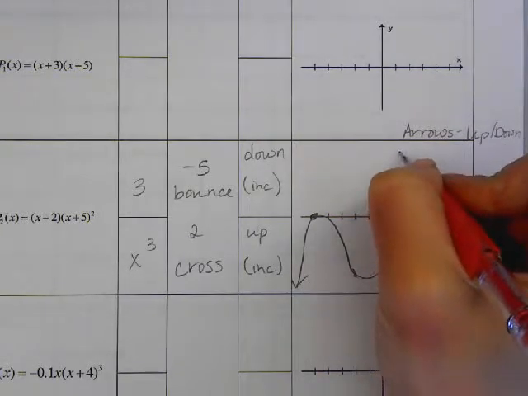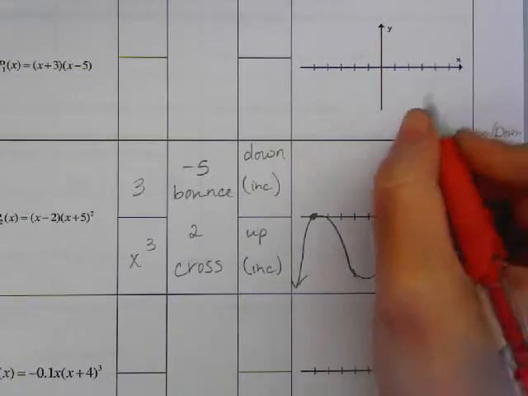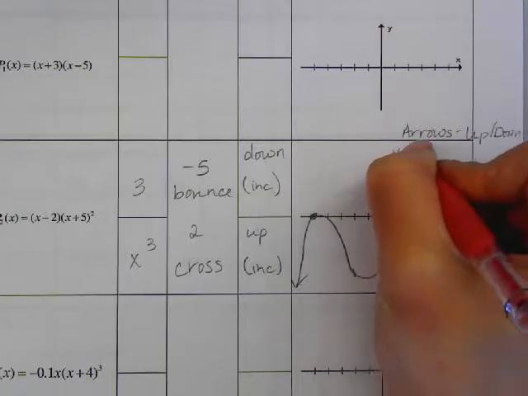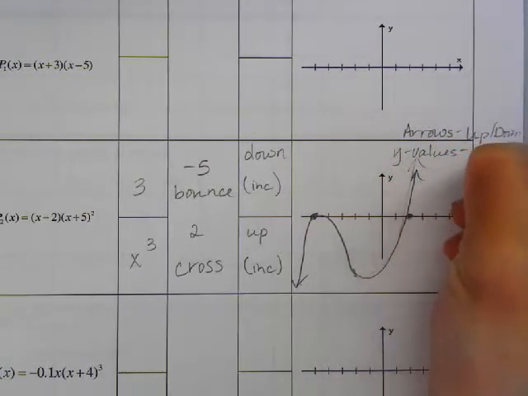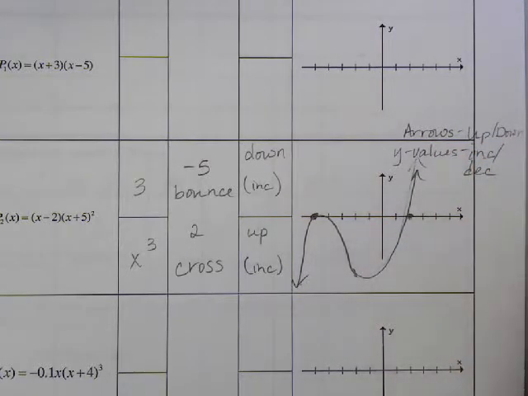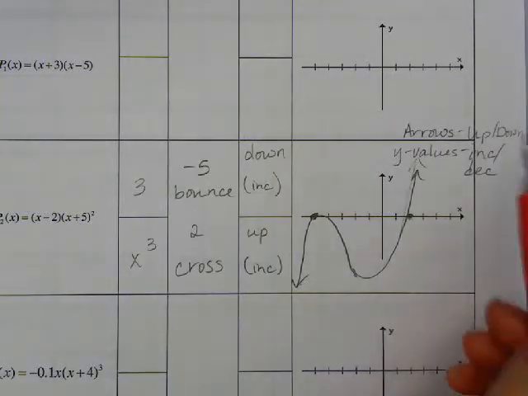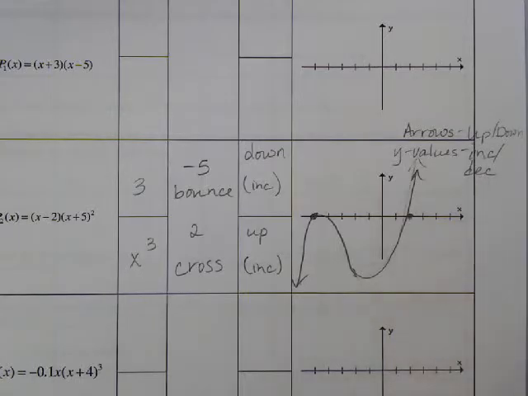If you prefer to look at what's happening to the y values, then I want you to use the terms increasing or decreasing. It doesn't matter. Whichever makes more sense to you is perfectly fine. Just make sure that you use these particular terms so that I know which one you're talking about.